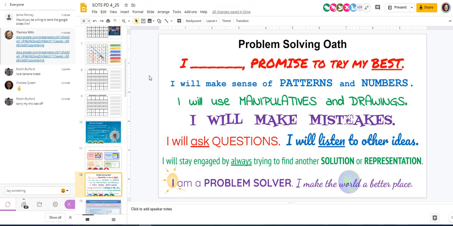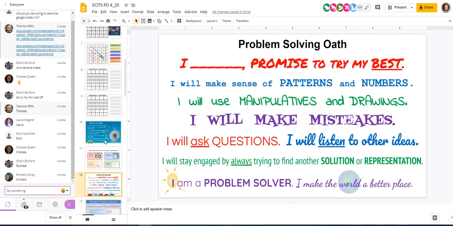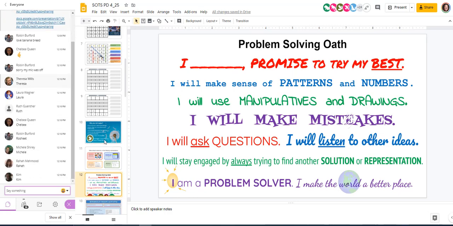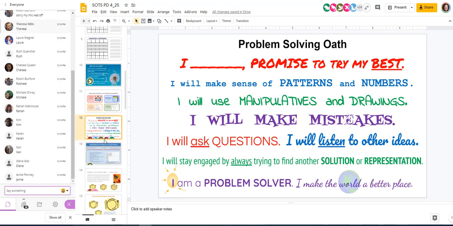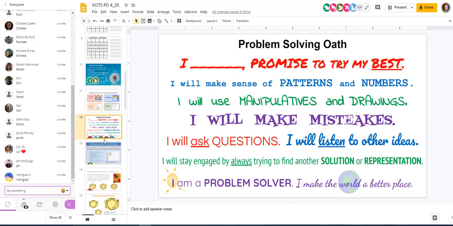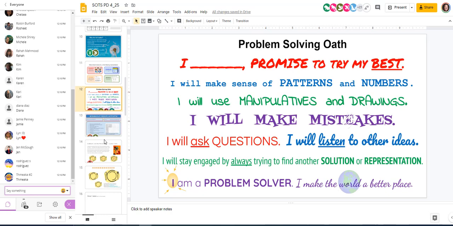If you agree to do everything on this oath, please type your name in the chat box. Wonderful. I'm glad to see there are so many mathematicians out there.